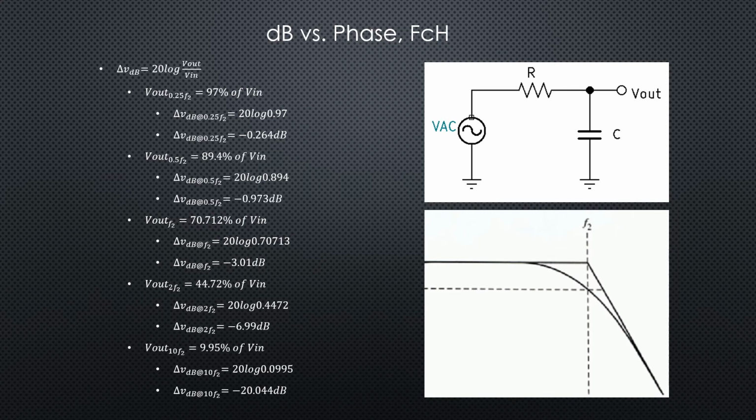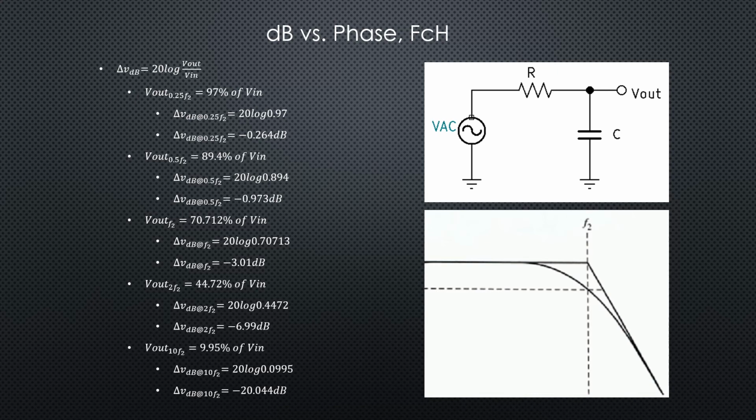All right, so we've got our percentage of voltage out, which is V out over Vn, but in percentage at different frequencies relative to the cutoff frequency F2. So we can now put that back into the 20 log formula and then calculate out the dBs at those frequencies. So at 0.25 of F2, we would expect to see a 0.264 dB negative drop, which is basically 0.